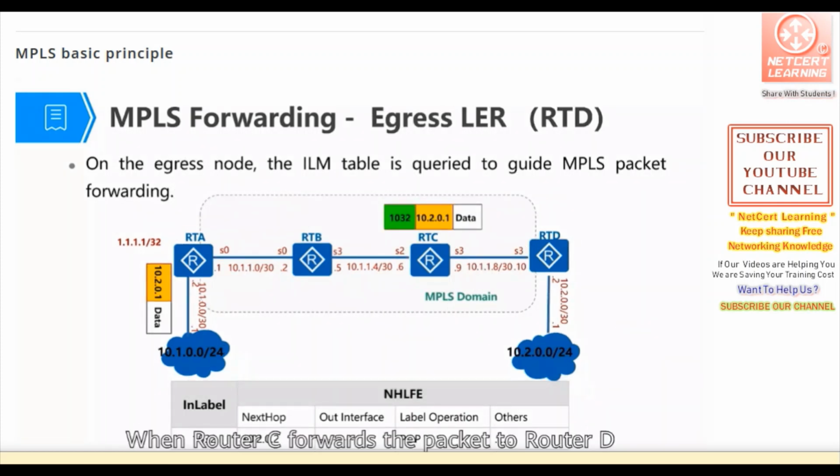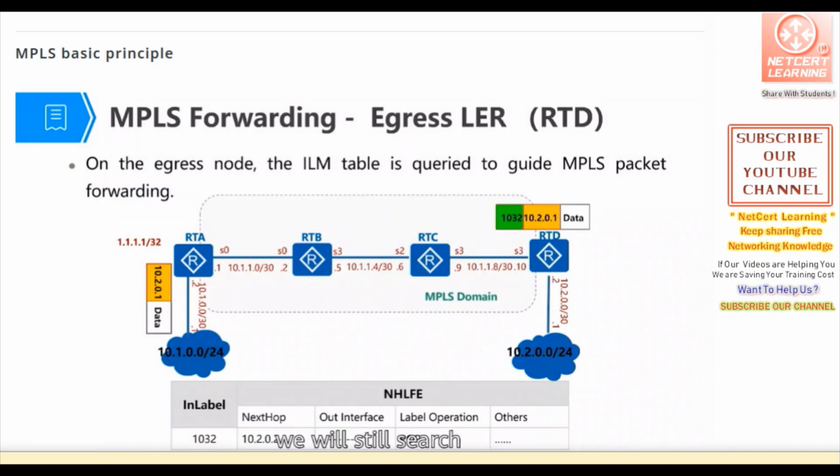Router C forwards the packet on to router D, and on router D we will do the same. We will search the label switching table, and in the label switching table we will search the in label, and we will find the in label is 1032. For this in label, we will find the corresponding NHLFE.